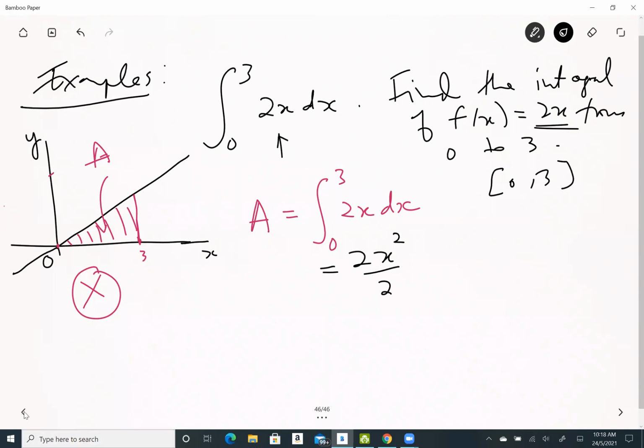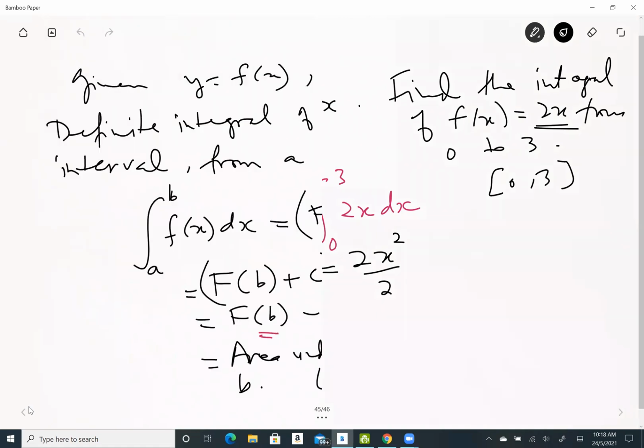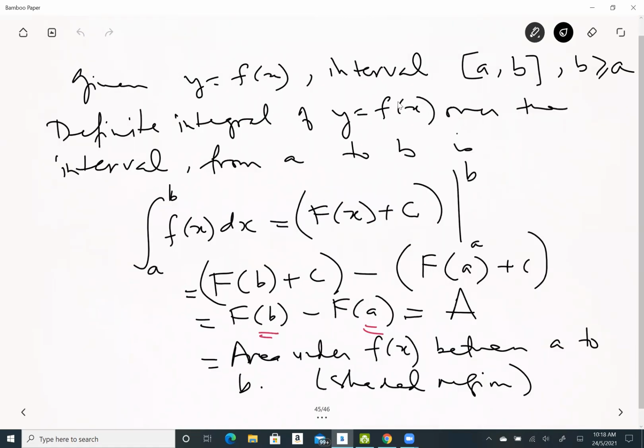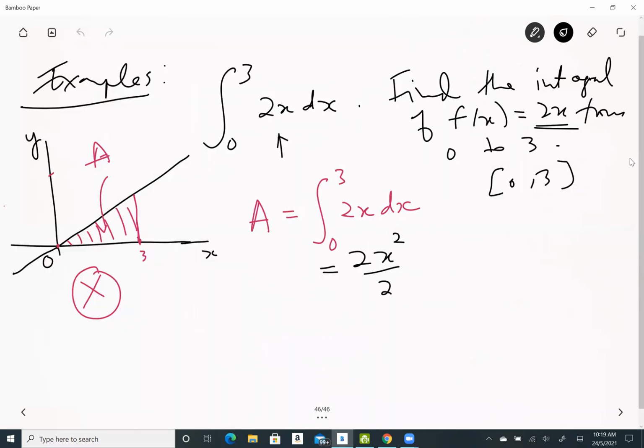So when you do the definite integral, you don't need the c. But if you include that c, it's fine also, because at the end it will cancel out. But for the indefinite integral, we need that c. So it's 2x squared over 2.